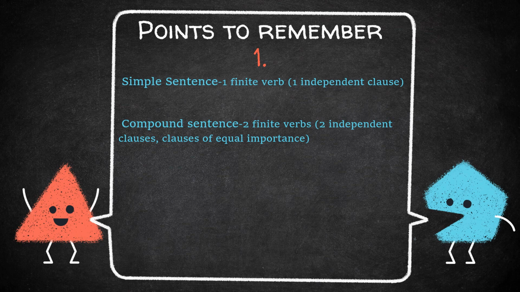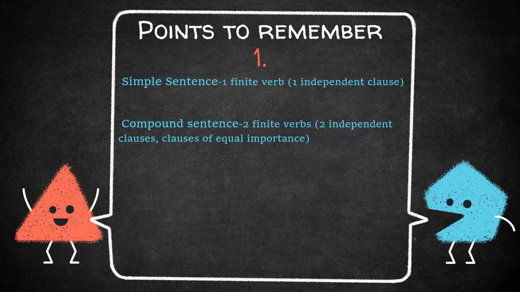You must know that these two finite verbs and the two sentences that are there in the compound sentence will be sentences of equal importance. So that means they can also be called two independent clauses which are of equal importance. So one will not be more important than the other. They both will have equal importance and they will be joined by a coordinating conjunction.